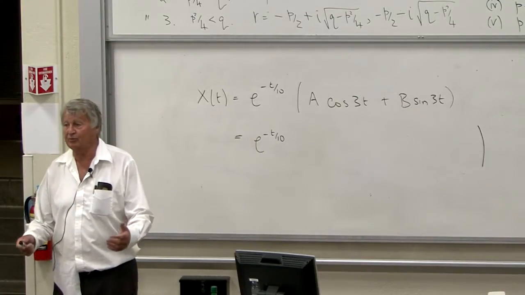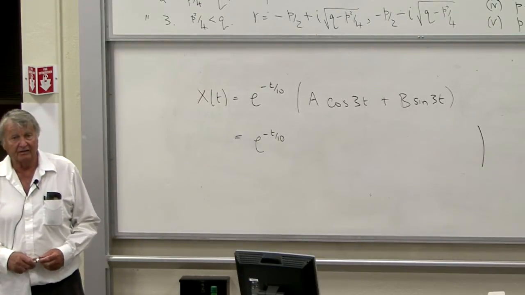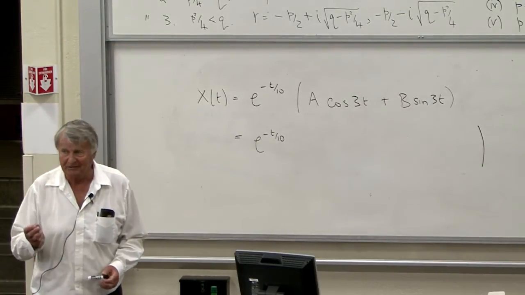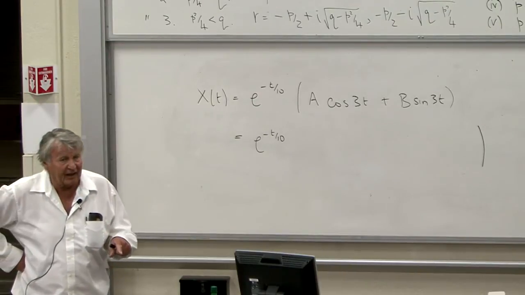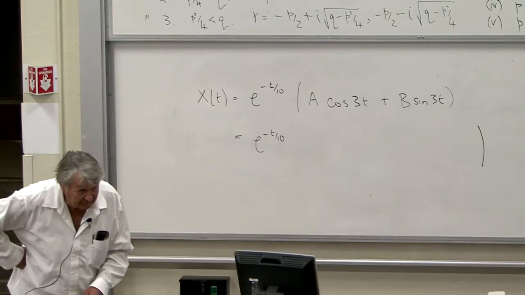Well, imagine A was 3 and B was 2. Can I find an angle, which is real, whose cosine is 3 and whose sine is 2?